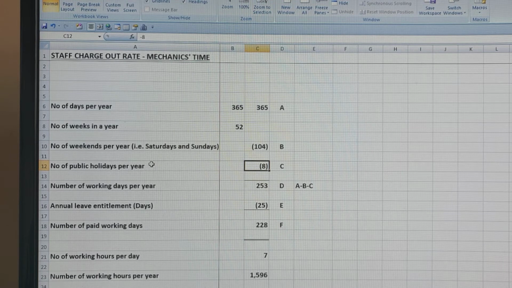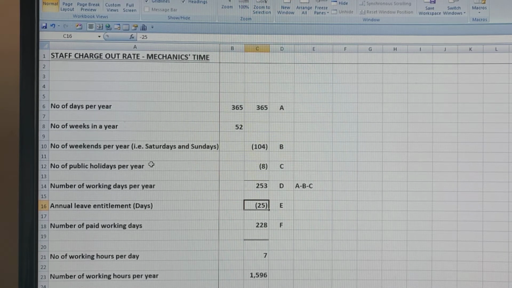We take that out. We also remove the number of days of annual leave that the mechanic whose time is being charged out is entitled to. That leaves the number of working days in the year for that mechanic.